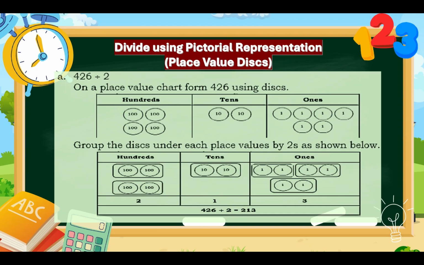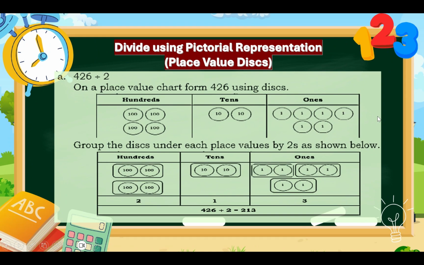Letter A, 426 divided by 2. On a place value chart, let's form 426 using disks. So we have place values ones, tens, and hundreds. So 426 has 4 100s, 2 tens, and 6 ones.